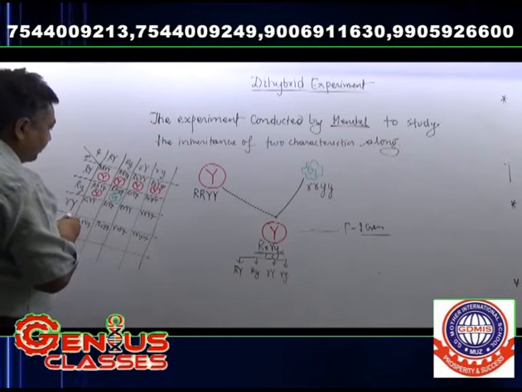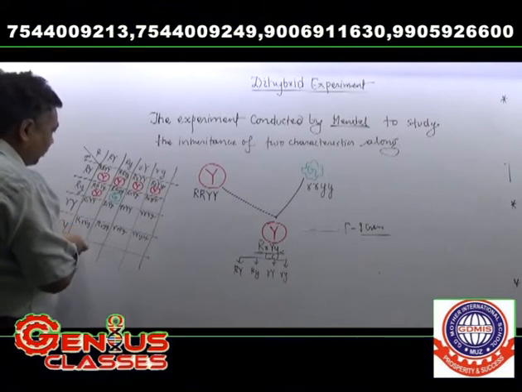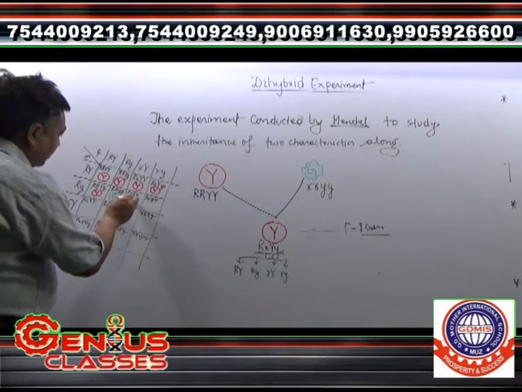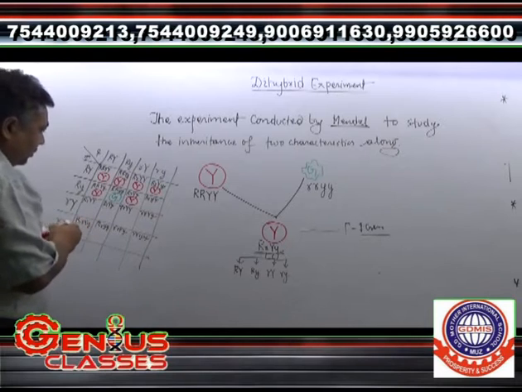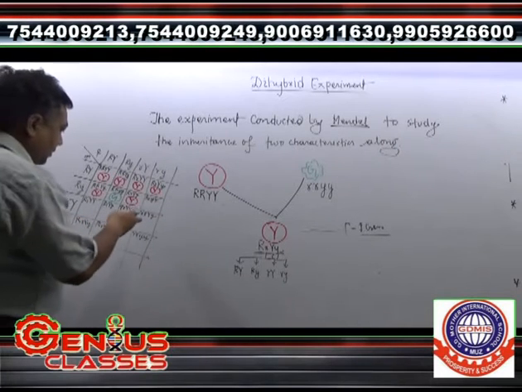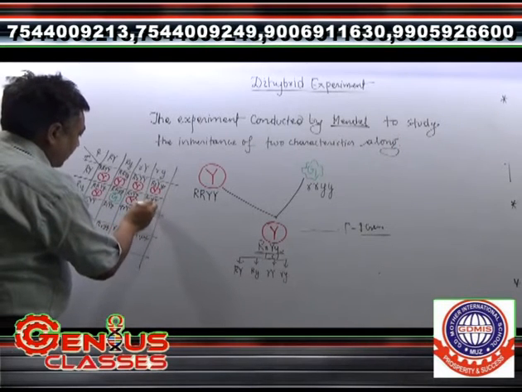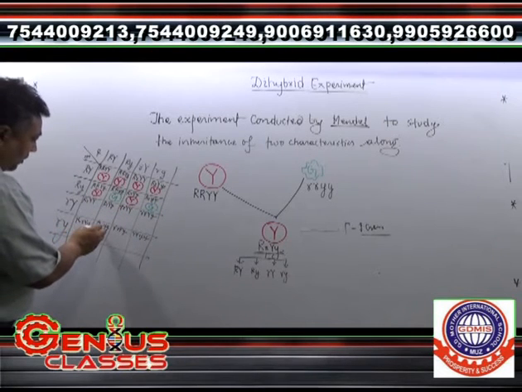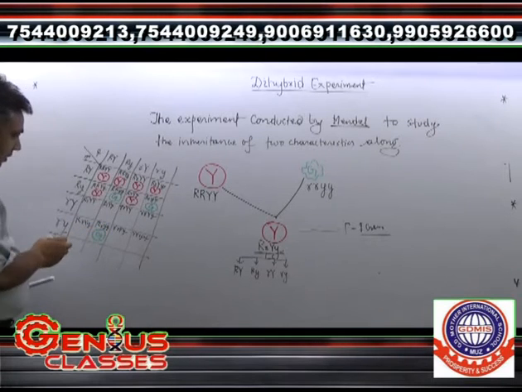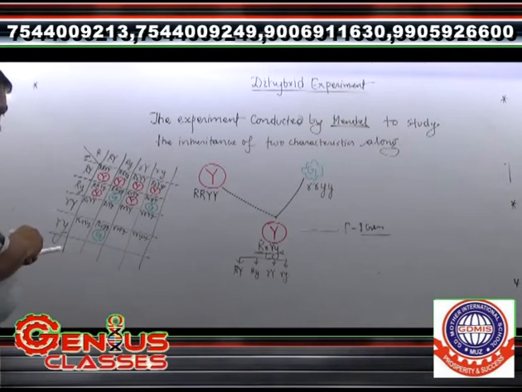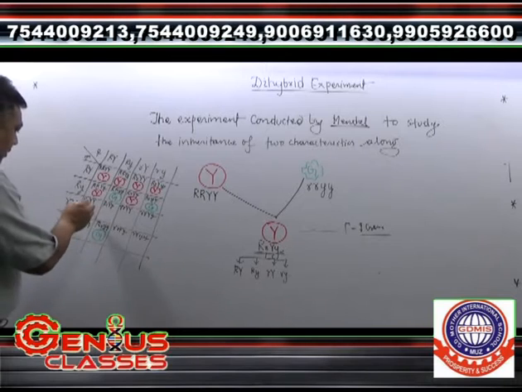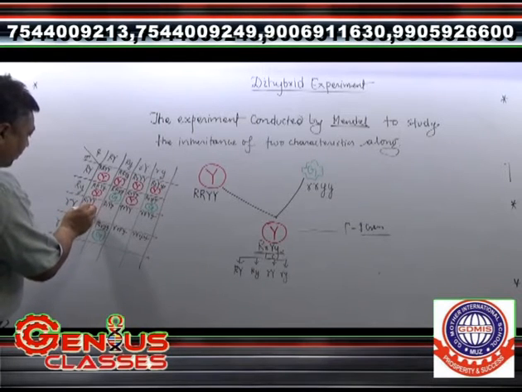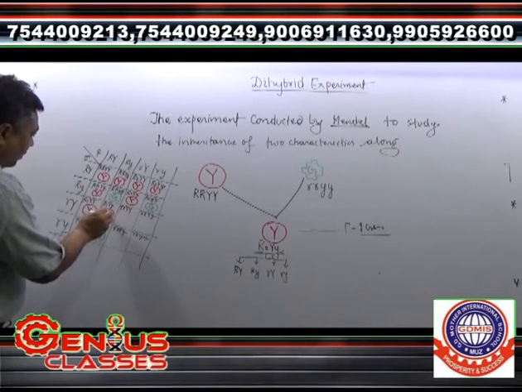Here round yellow. Here round green. Round green. Here also round green. Here round yellow. Round yellow.